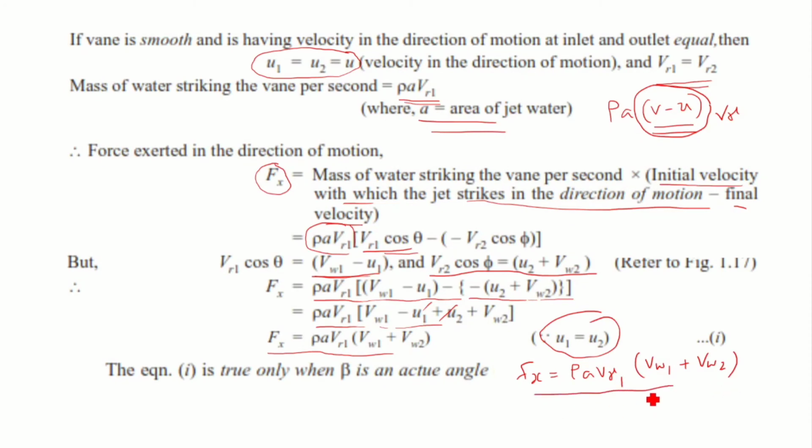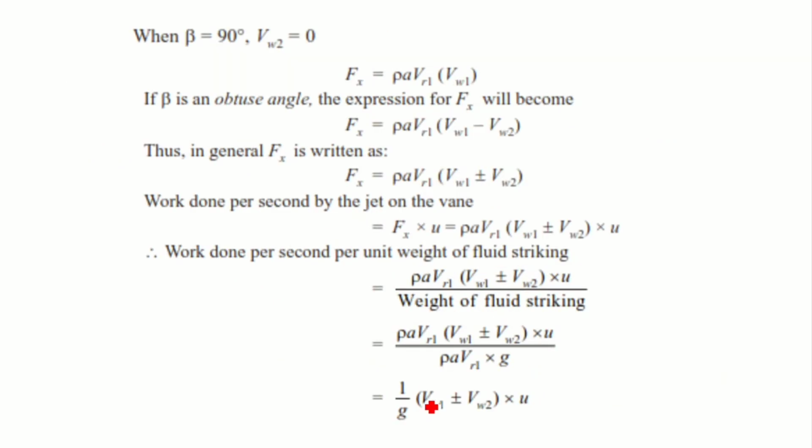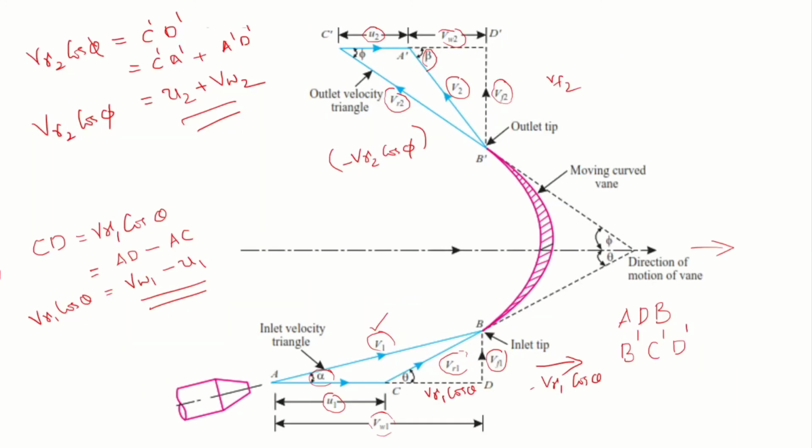This equation is true only if beta is an acute angle, that is, beta is less than 90 degrees. If it is equal to 90 degrees, then the VW2 term will be 0. If beta is less than 90 degrees, the VW2 term will be there.